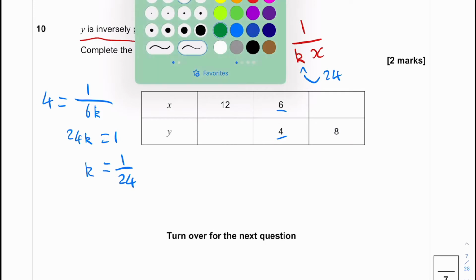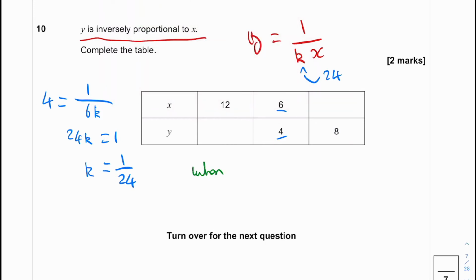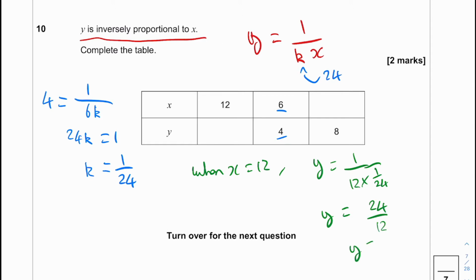So we can say that when x equals 12, we've then got y is equal to 1 over 12 multiplied by our k, which is 1 over 24. So y is equal to, we've got 24 over 12, so y is equal to 2.